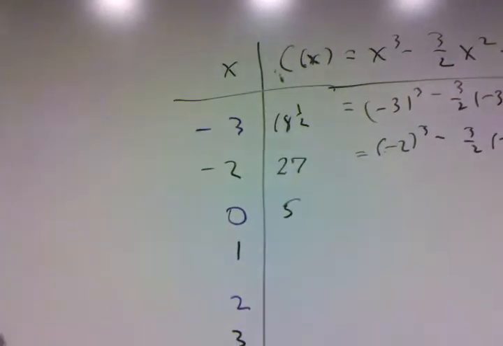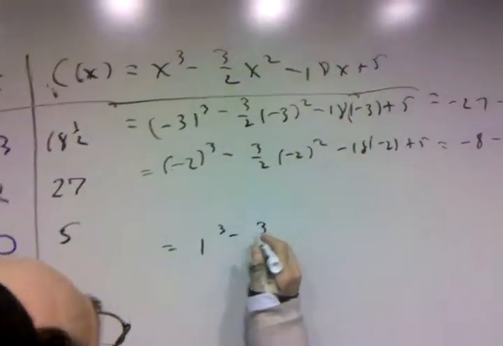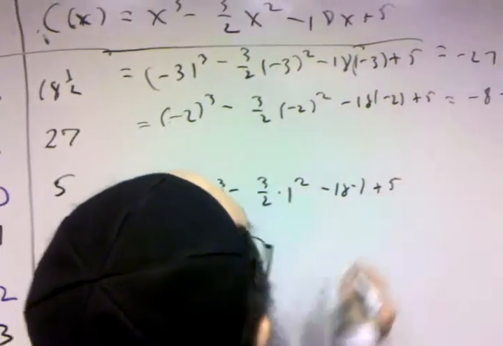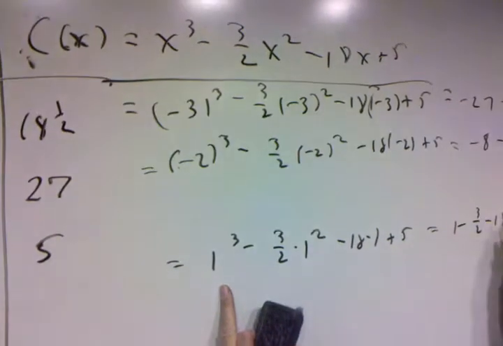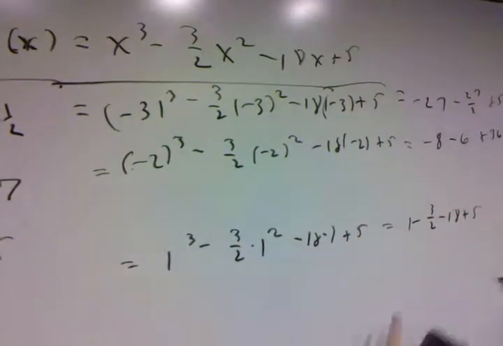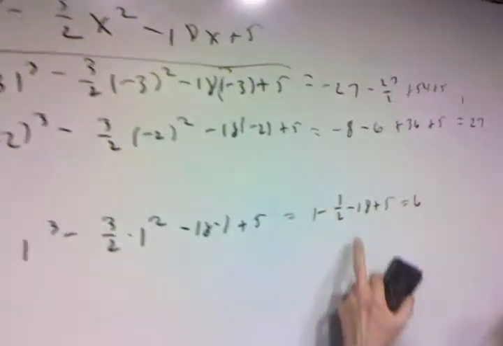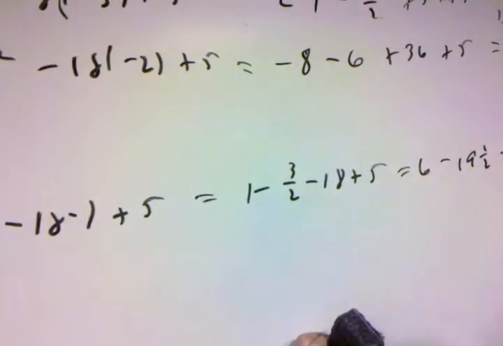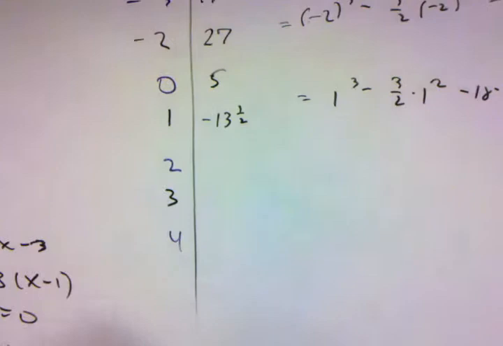I'll put in 1 for x. I'm going to get 1 cubed minus 3 halves times 1 squared minus 18 times 1 plus 5. This equals 1 minus 3 halves minus 18 plus 5. So 1 plus 5 is 6, and this is minus 19 and a half. 6 minus 19 and a half equals minus 13 and a half. I have negative 13 and a half for 1. I'll put in 2 for x.